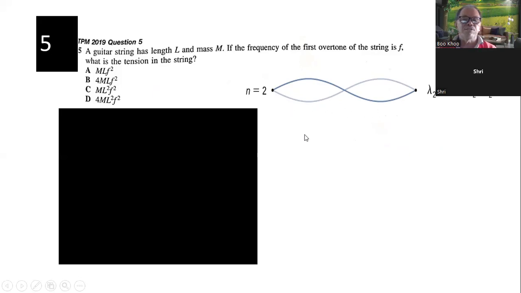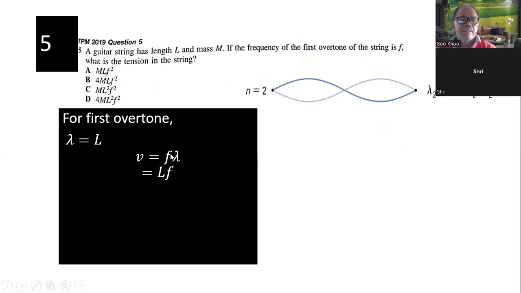This is your first overtone, 2 loops. So first overtone, that is your wavelength, and calculate the speed. Wavelength is L, frequency is given, and use that. Speed is square root of tension over mu.